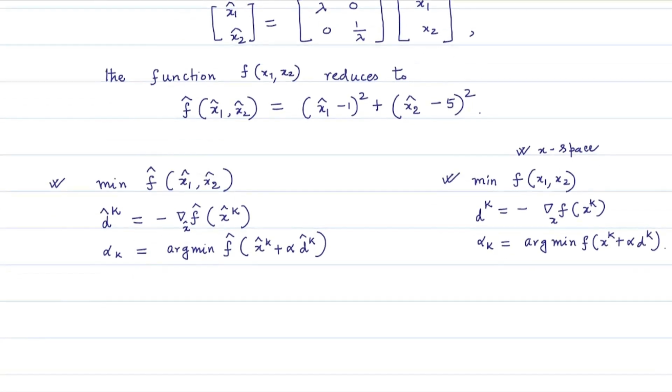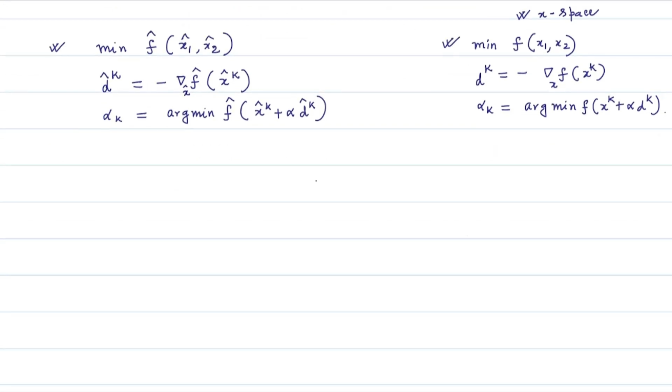Or you may take the direction of descent as a unit vector along the negative gradient, dividing this quantity by the norm of the gradient at xk hat, and here also dividing by its norm.